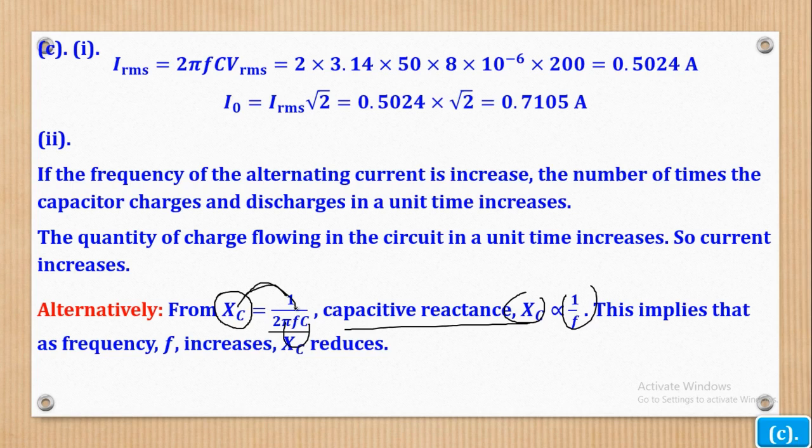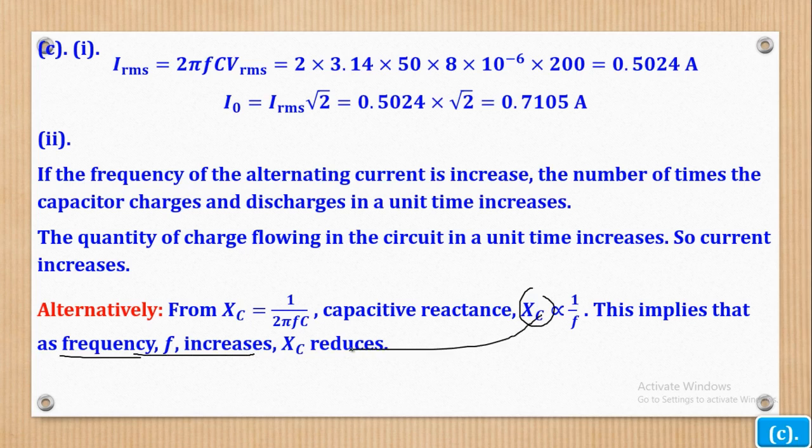Meaning that capacitive reactance is inversely proportional to f. Now inversely proportional means that when one increases, the other reduces. Therefore, in the question we are told that frequency is the one which increases. Therefore, we shall say that if frequency increases, capacitive reactance will reduce.